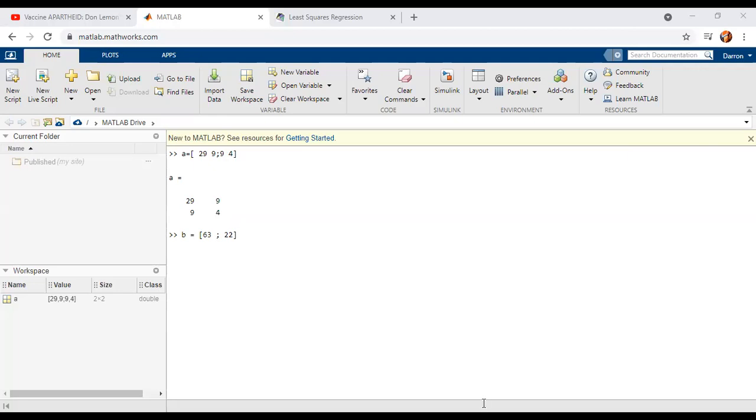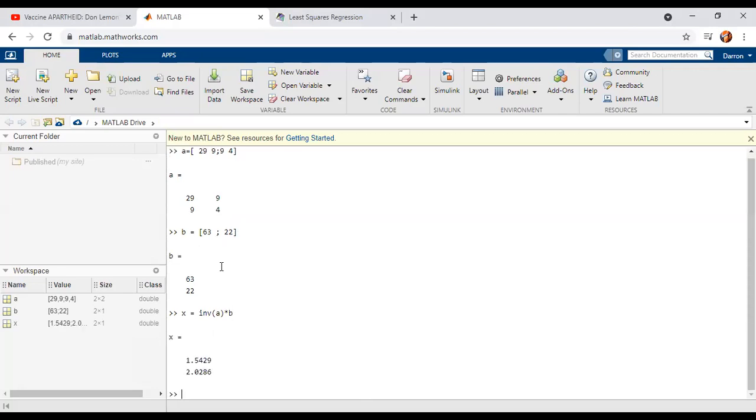Create a new statement C for the inverse of A, sir. So yeah, x equals the inverse of A times b.